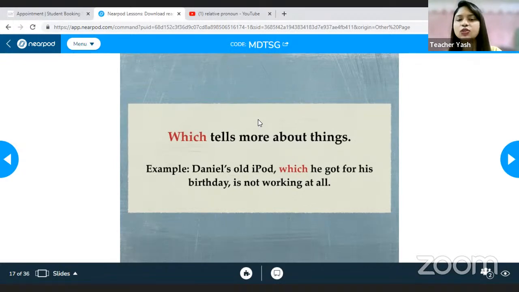Or the bottle which is on the table is mine. Things. The phone which was bought by my parents went missing, or something like that.